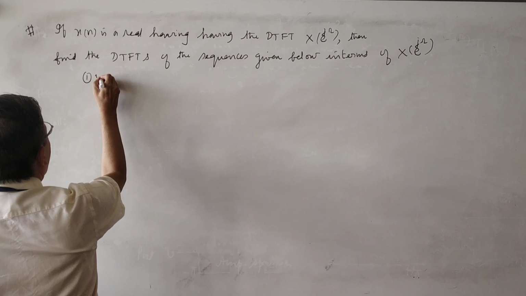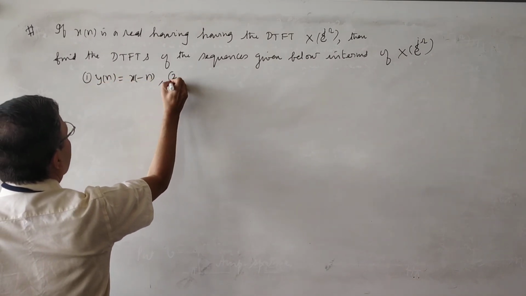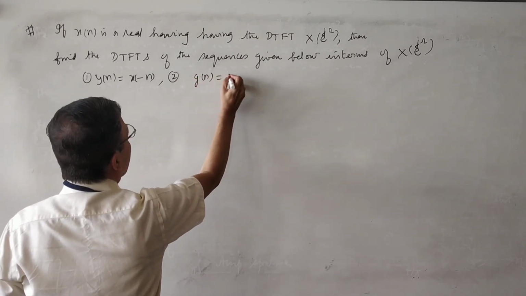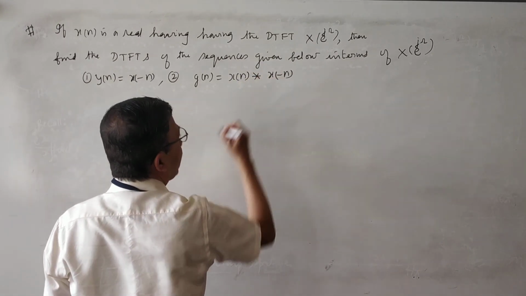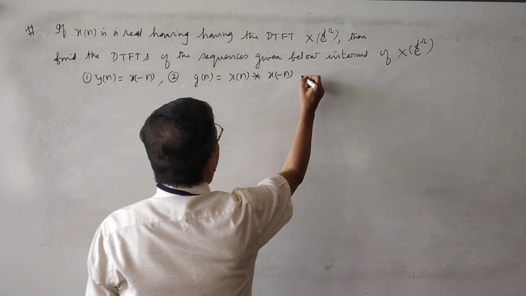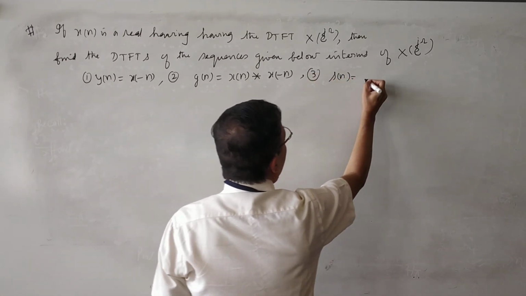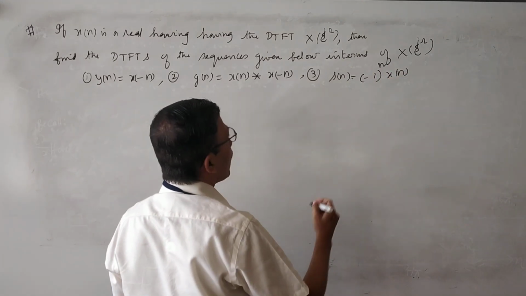First one, y of n equals x of minus n. Second one, g of n equals x of n convolved with x of minus n. Third one, s of n equals minus 1 to the power n into x of n.